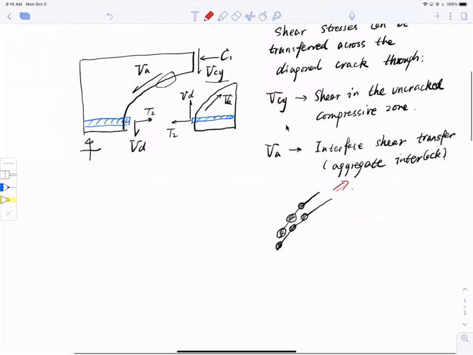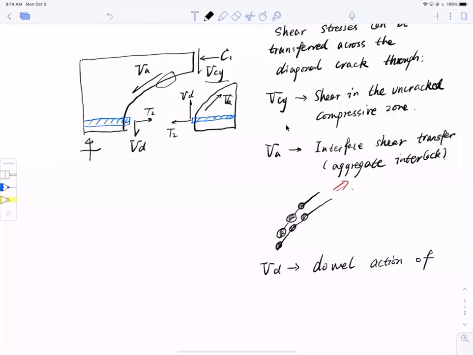And last but not least is the so-called dowel reaction, D-O-W-E-L. Sorry, let me see, dowel action. This dowel action is coming from the longitudinal reinforcement.